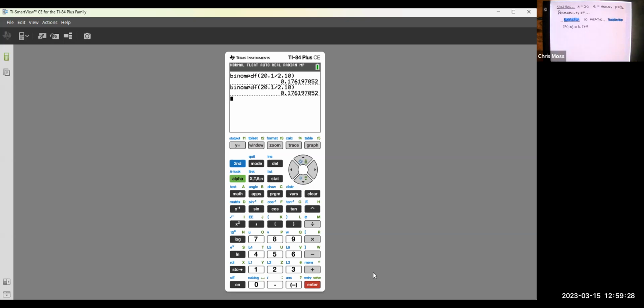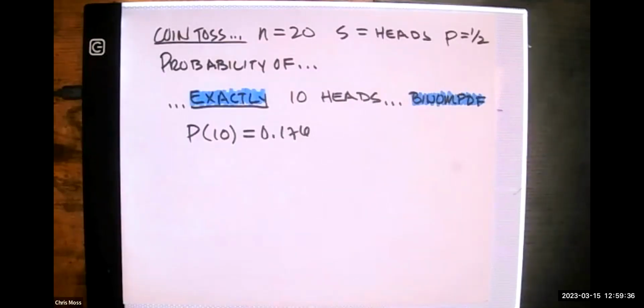Now, let me talk a little bit about where this number comes from. Before I do that, though, let me ask those of you that are trying these keystrokes, I'll remind you, we do have video of them already up in Canvas. Did that work for people? If it didn't work, unmute.